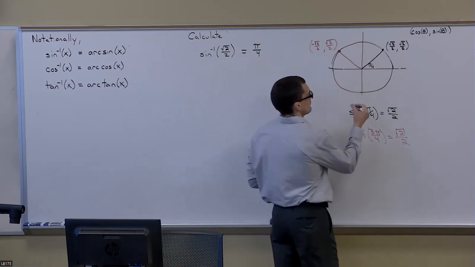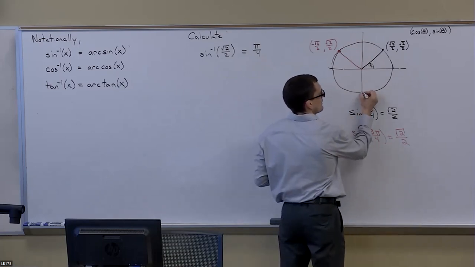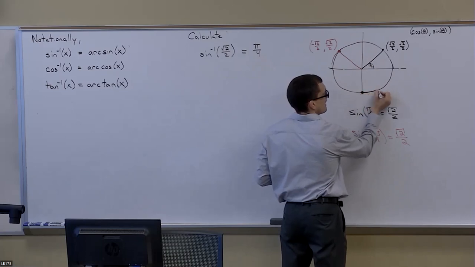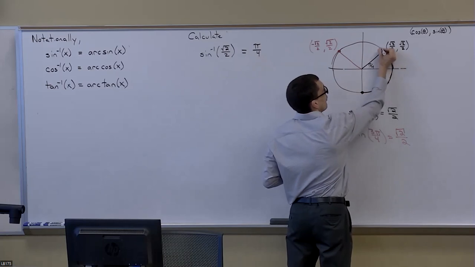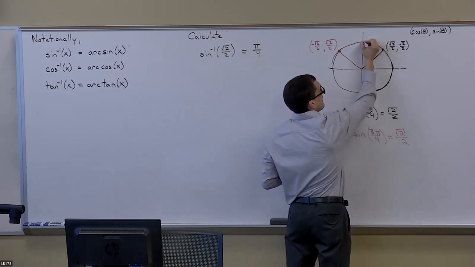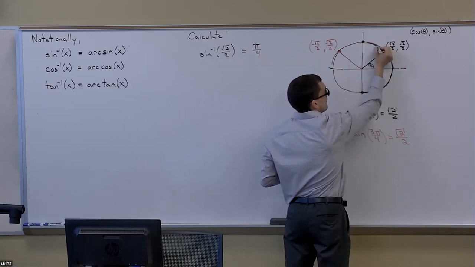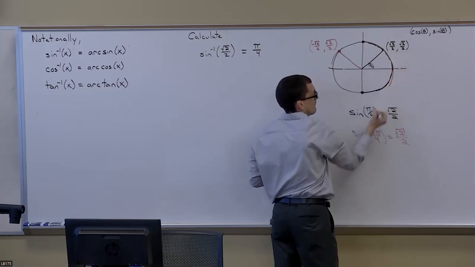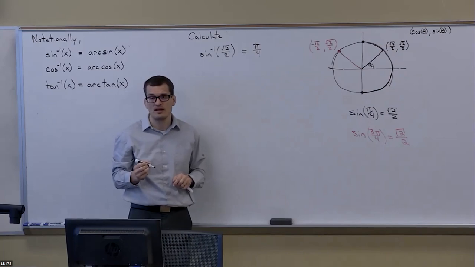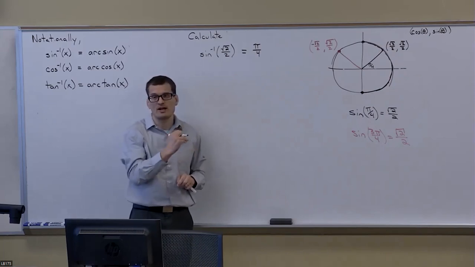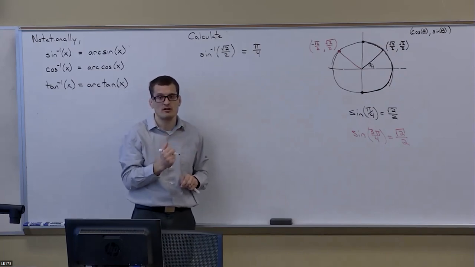So in other words, when you're dealing with sines, inverse sine is going to give you angles over on the right-hand side of the circle. Does that make sense? It's going to give you angles on the right-hand side of the circle.